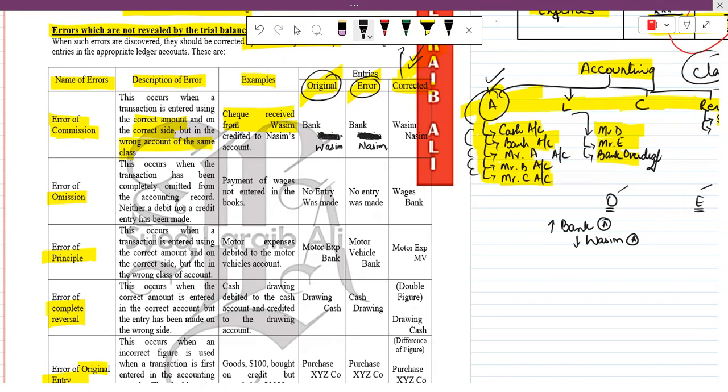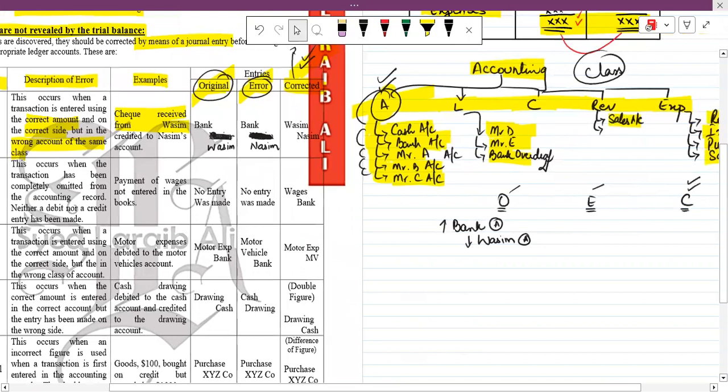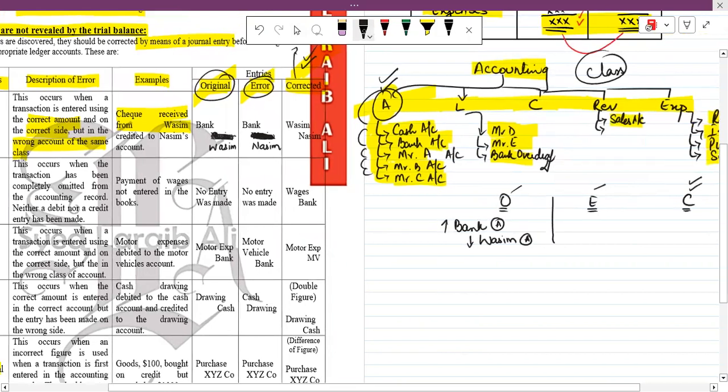So according to this entry, the check received from Wasim, our bank should have been debited and Wasim's account should have been credited. But by error, what we did, bank was rightly written on the debit side.